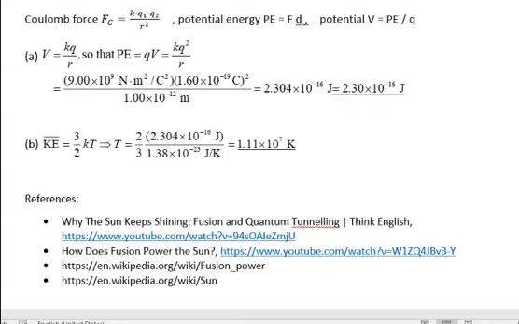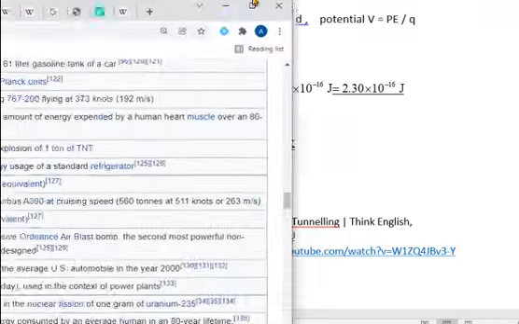Doesn't sound a whole lot, but again, if I compare newtons to kilograms, it's not really the case. I would have 10 to the negative 4 compared to 10 to the negative 27. Again, that's the mass of a proton or an atomic nucleus or an atom. I have like 10 to the 23, so I looked that up too.